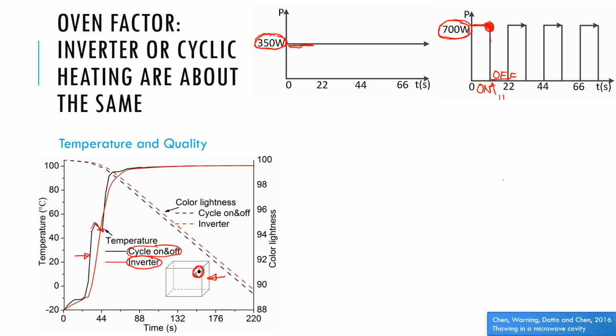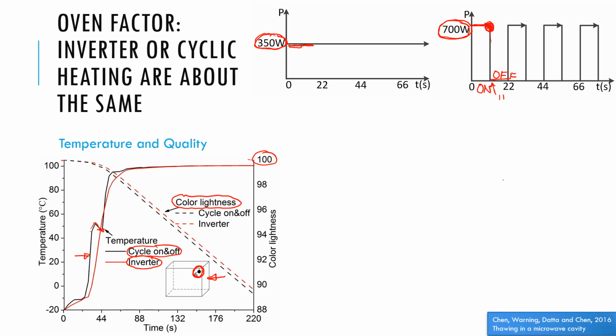Now let's look at the color changes. That's this one here, lightness. So this color we are considering is lightness, that is assumed to follow a first order reaction, and it's going down with time. And so the color starts from some initial value like this one, and then it's going down with time.